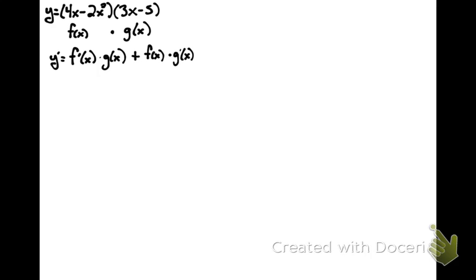Let's apply it to our specific situation. So y prime in our specific case, the derivative of the first, 4x minus 2x squared, would be 4 minus 4x times the second function, which happens to be 3x minus 5, plus the first function, in this case 4x minus 2x squared, times the derivative of the second function, in this case 3.